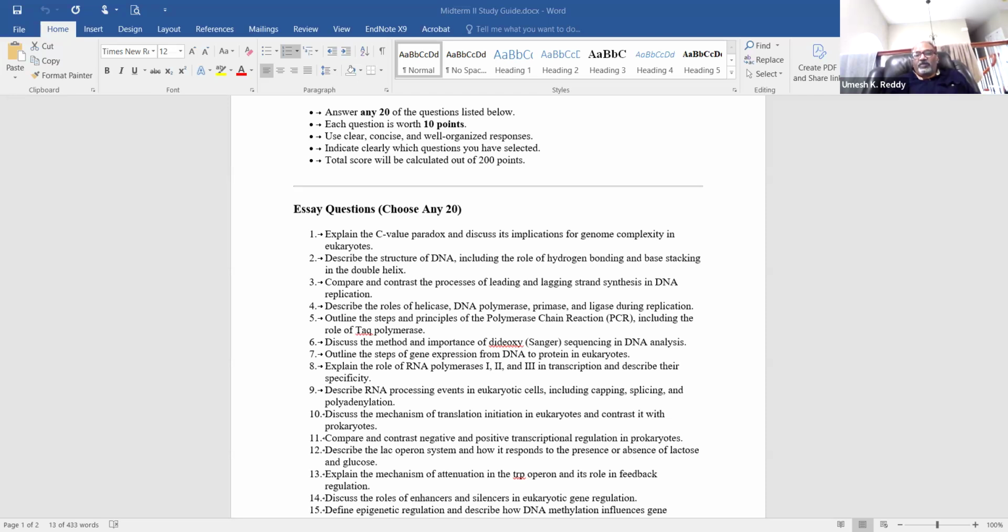Different fluorescent dyes are attached to all these ddNTPs. For example, if it is ddATP, the fluorescent dye is green. ddTTP is red, ddGTP is black, and ddCTP is blue.